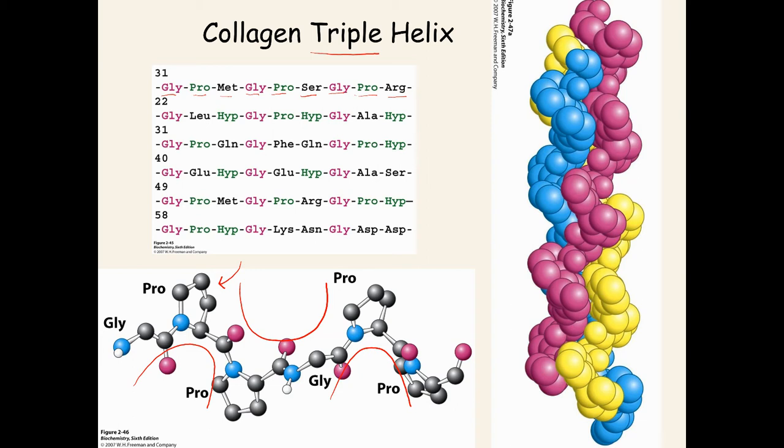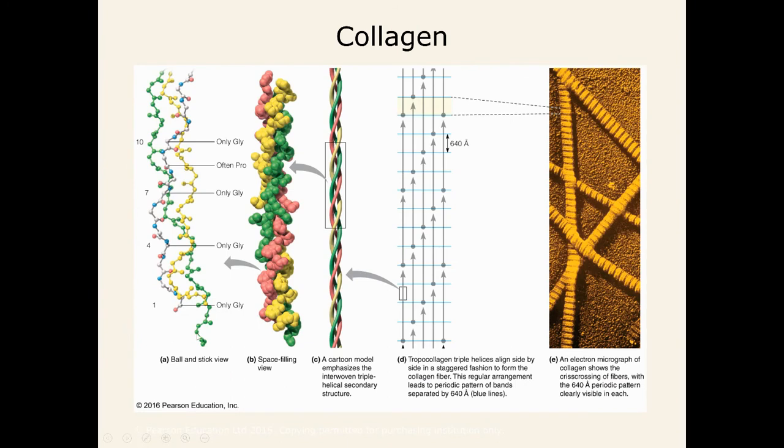So here's another collagen view. It has the heavy dominance of glycine and proline, and then it forms this triple helix. And if you notice, it forms a rope-like structure.